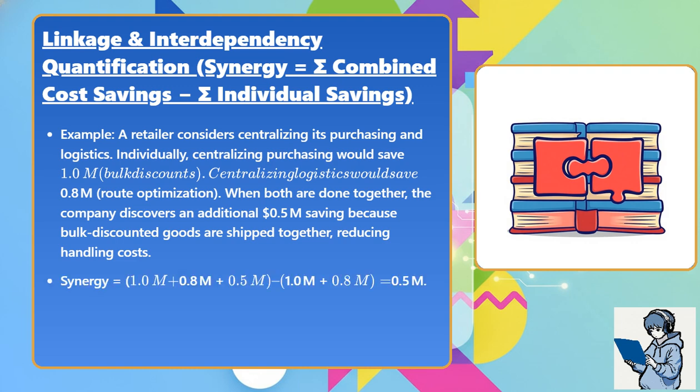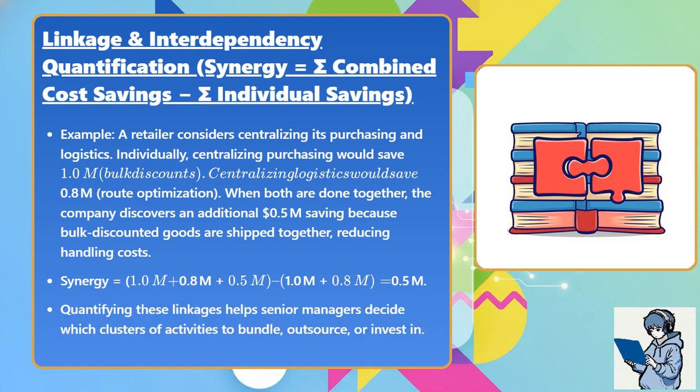Synergy equals $1.0 million plus $0.8 million plus $0.5 million, minus $1.0 million plus $0.8 million, equals $0.5 million. Quantifying these linkages helps senior managers decide which clusters of activities to bundle, outsource, or invest in.